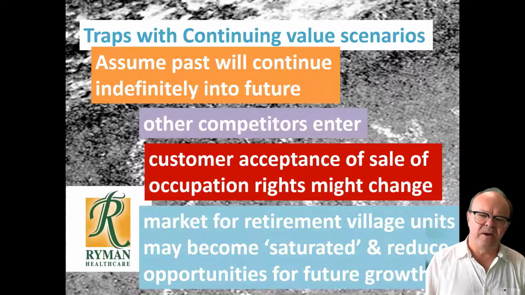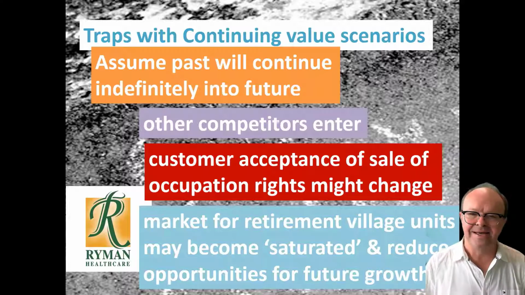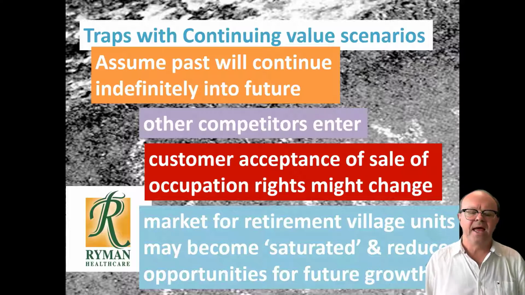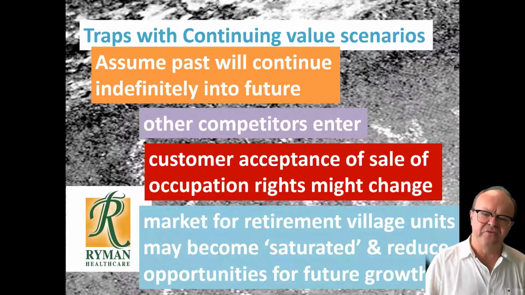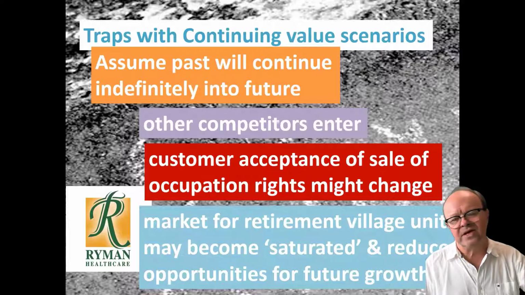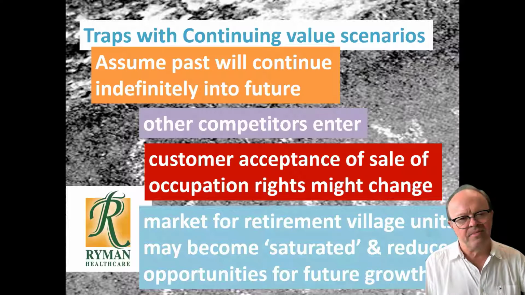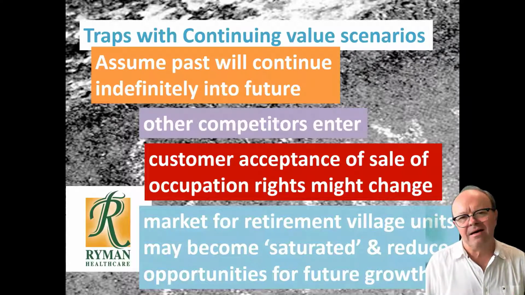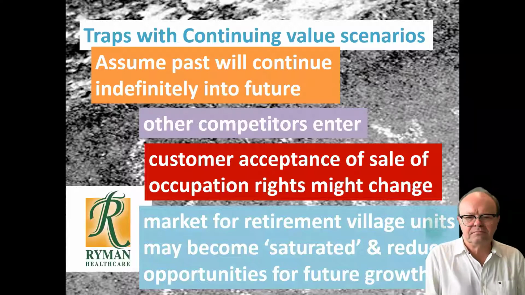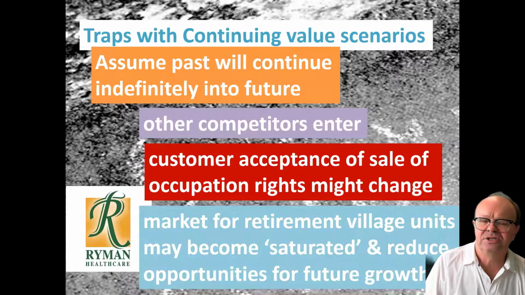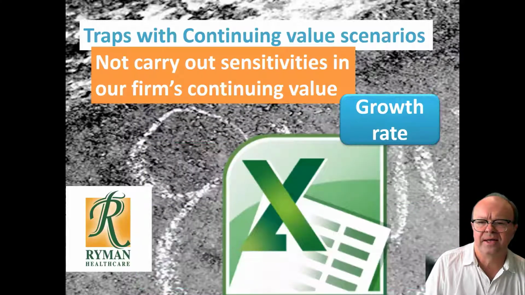The market for retirement village units may become saturated. There just might be heaps of retirement villages everywhere, and that will reduce the opportunities for future growth for Ryman Healthcare. So there's all sorts of things that can happen in our firm's businesses. In the case of Ryman Healthcare, it's a very successful business, but it's unlikely to continue on forever. All sorts of factors will tend to, over time, change the situation for Ryman Healthcare.